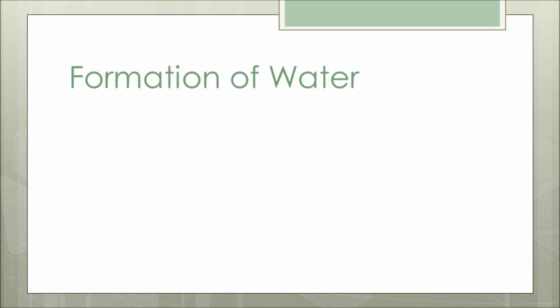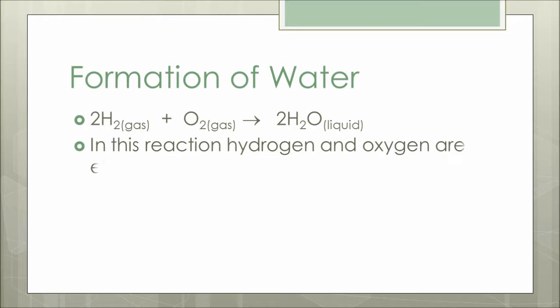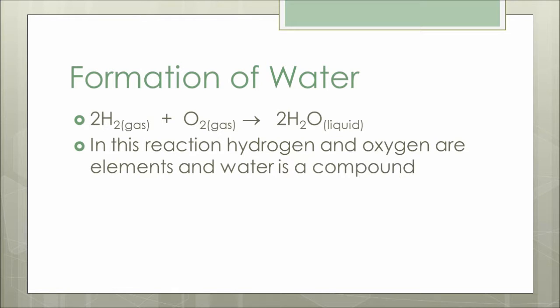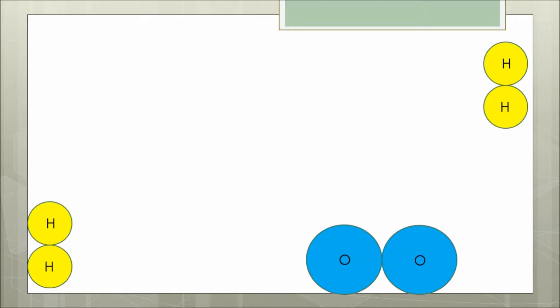Here, the formation of water can be taken as an example. The reactants are both gases. They are both elements. They change into a new substance, which is a liquid, and the product is a compound. Here is an animation of the reaction.